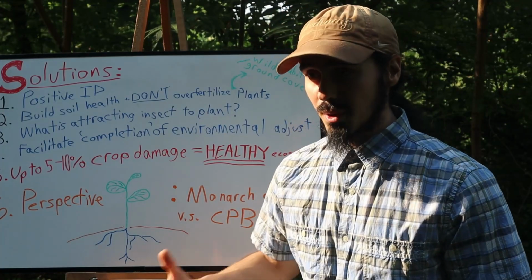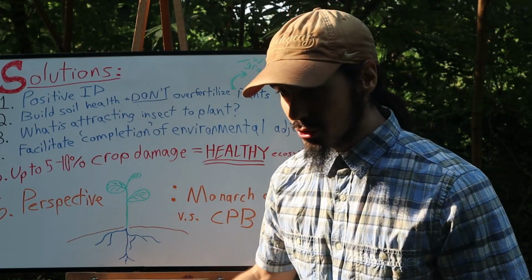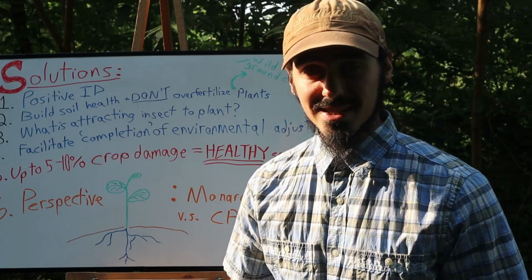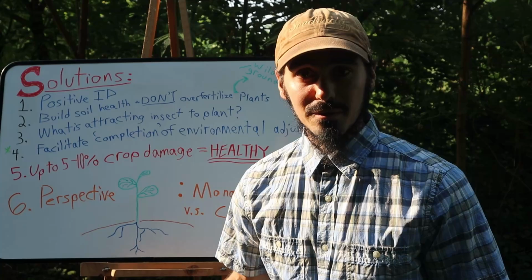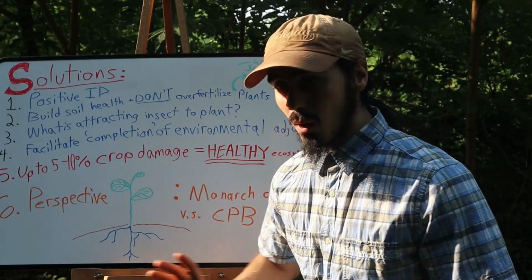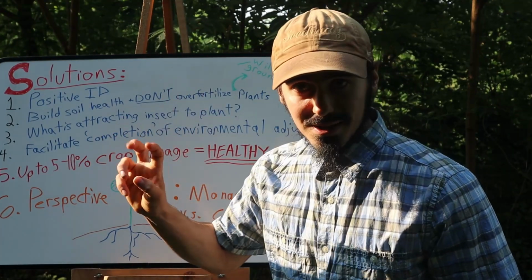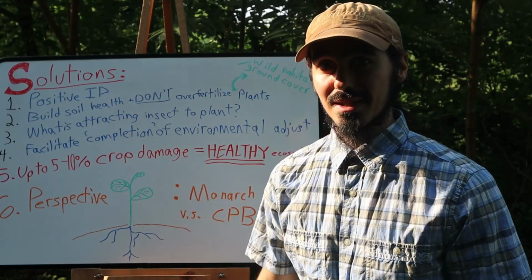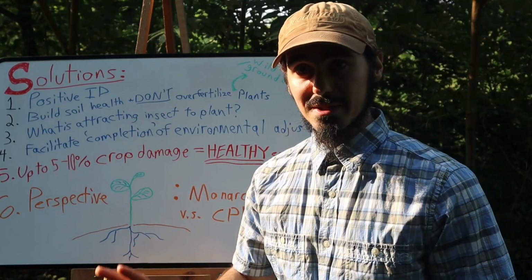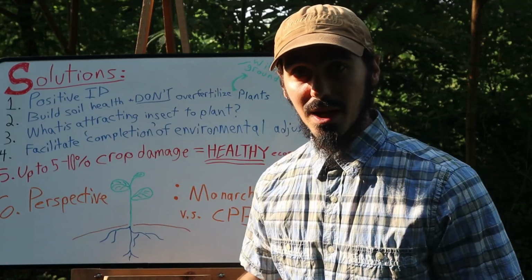We want to build the soil health, right? So that those nutrients in the soil profile are more accessible to the plants, and that way the plants can be healthier versions of themselves. So we want to focus on fertilizing the soil, so to speak, right? We don't want to focus on fertilizing the plants. We really want to have the focus on the soil health, not solely on the plant health.